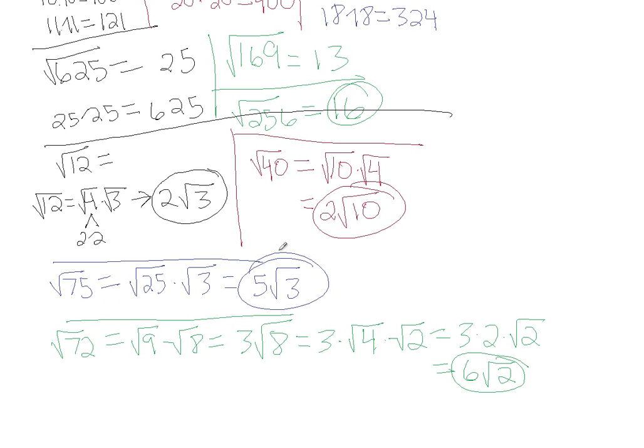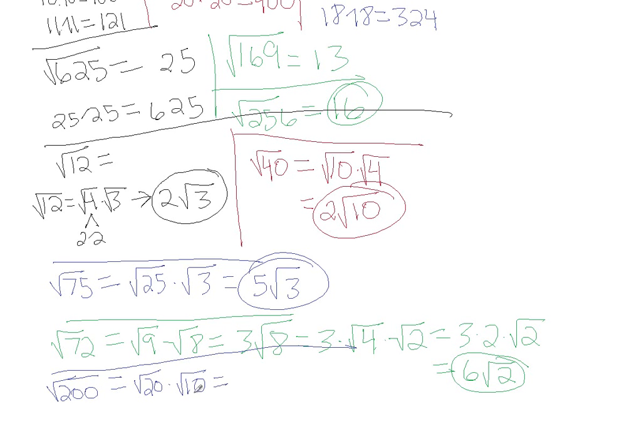Let's say we have square root of 200. I don't know the square root of 200 off the top of my head. So let's write out a couple of factors. We can rewrite the square root of 200 as a square root of 20 times square root of 10. 20 times 10 equals 200.